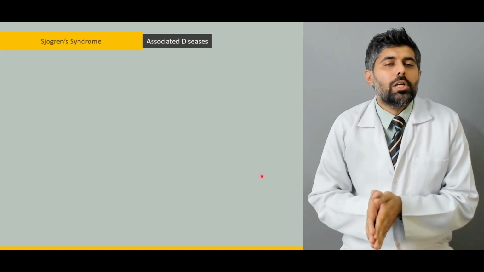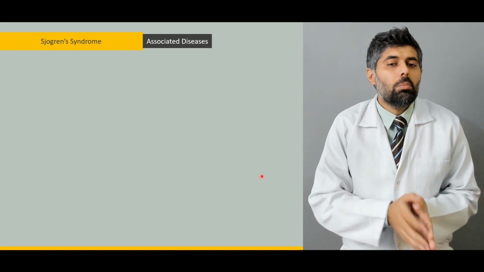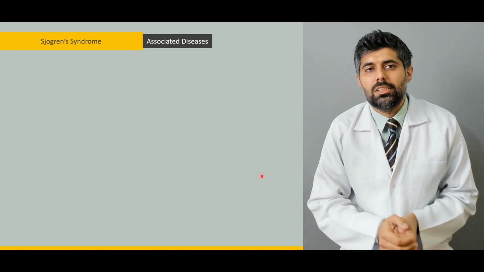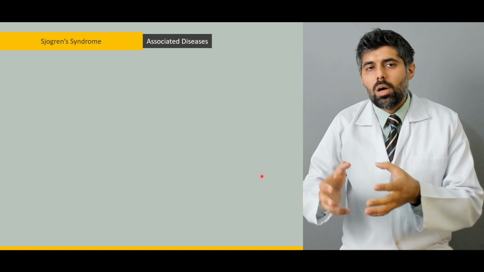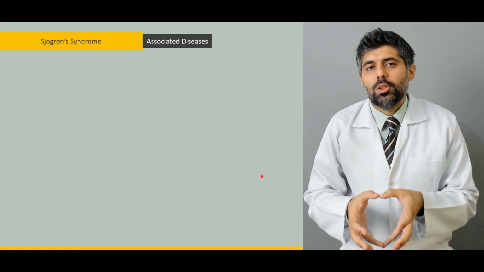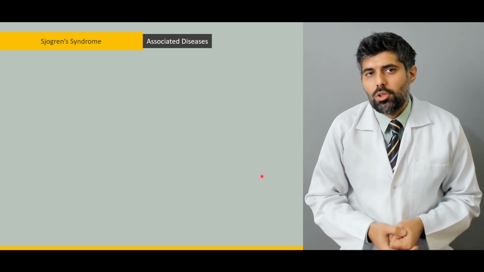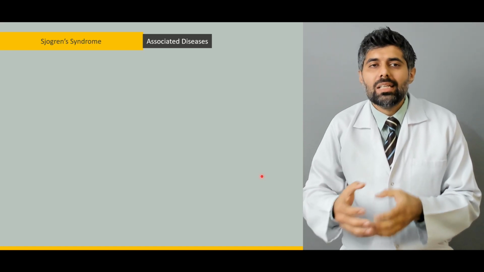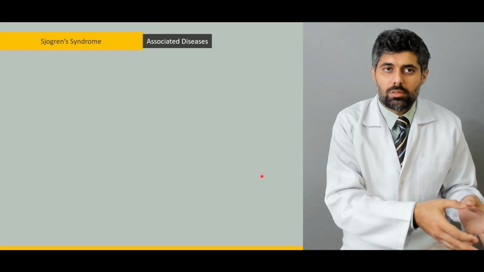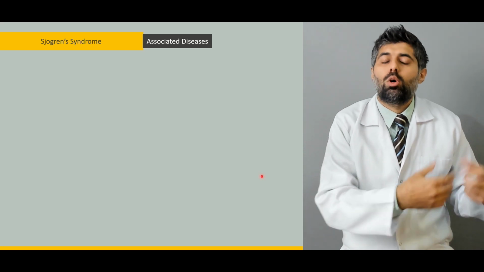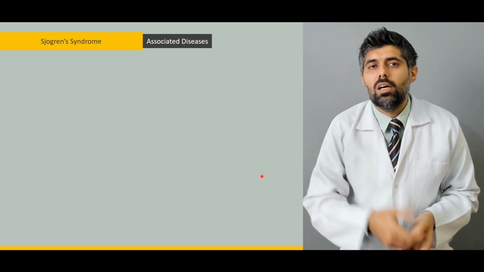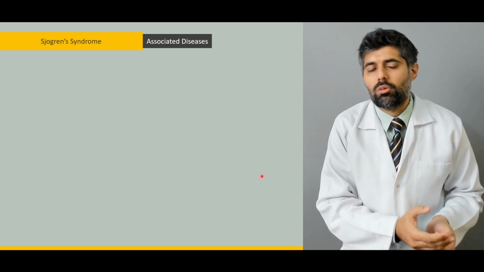Next, we'll study about Sjogren syndrome and its associated diseases. Now, a Sjogren syndrome without any associated disease is called a primary Sjogren syndrome. But when it is secondary to any other disease, usually also an autoimmune disease, it's called a secondary Sjogren syndrome.